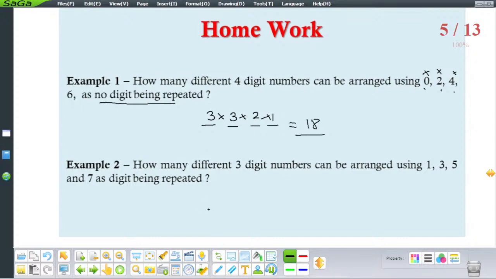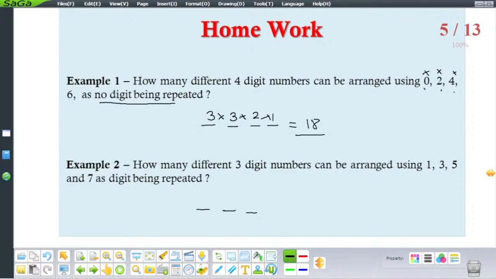And here we have to form a 3-digit number, with digits being repeated. It does not contain 0. Sir, 6 will not be there because we need to form a 4-digit number. So the first position will not contain 0, but the remaining numbers will be there: 1, 2, 3. Based on the shortcut tricks we are solving, 3 numbers can occupy the first position. Now if we write 1 number, the remaining are 0, 4, 6.